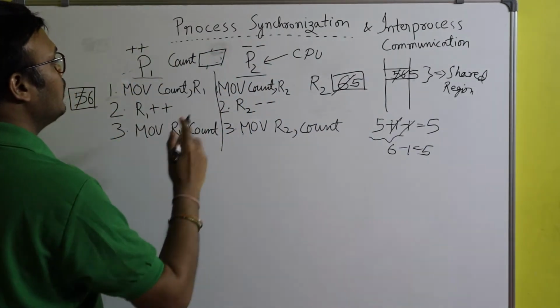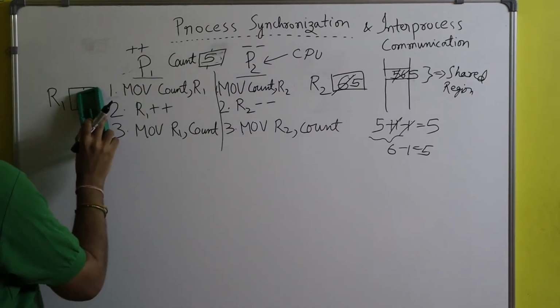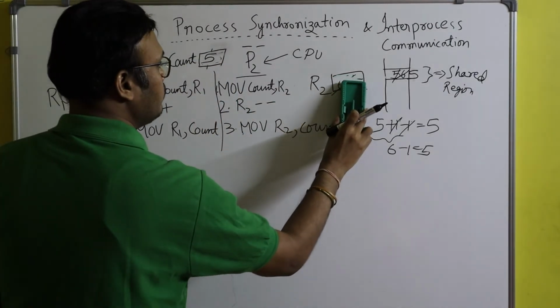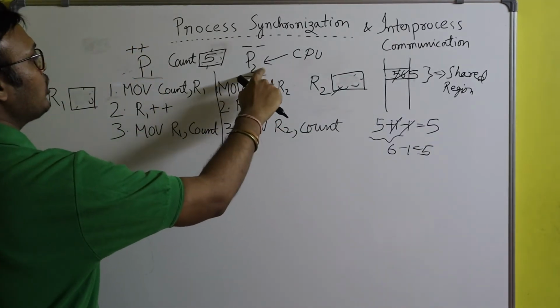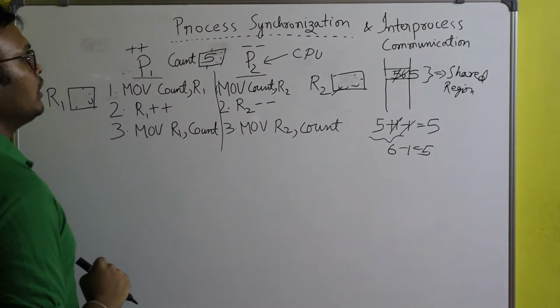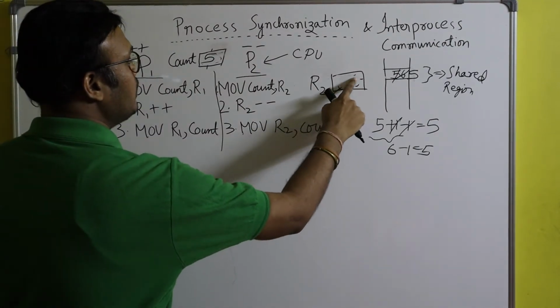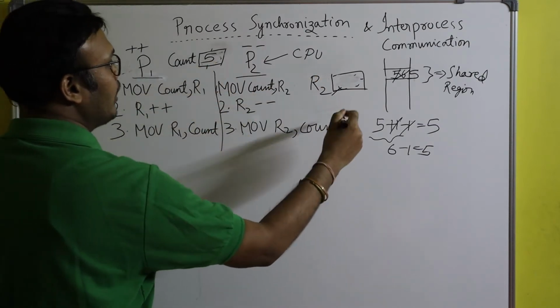You see here, the value of count is suppose 5, and suppose now CPU is given to process P2 first. In the previous case, CPU was given to process P1 first. So here, move count comma R2: the value 5 is moved to R2.